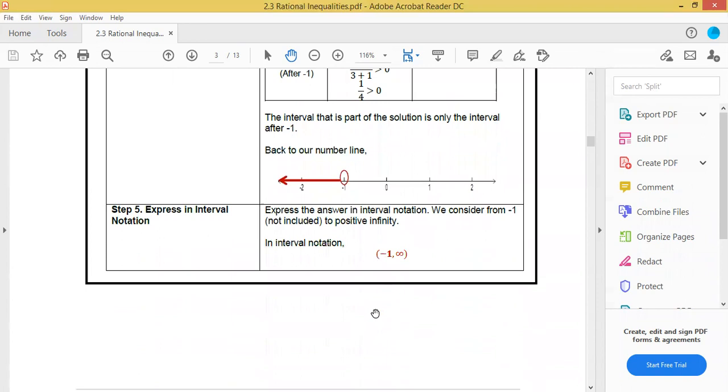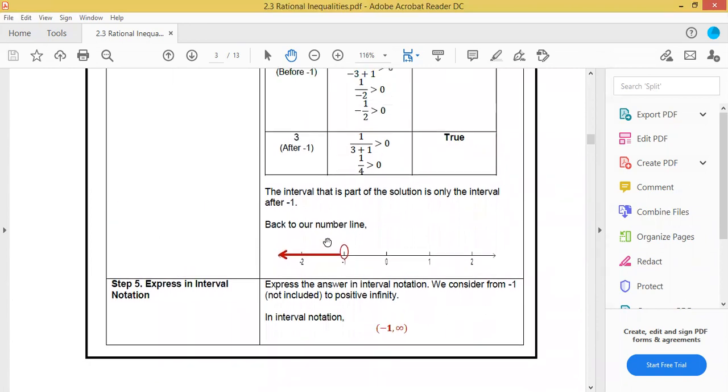So we go back to our number line. I'm sorry, this is a wrong shading. The shade must be from negative 1 up. Let me mark that one. From negative 1 up, since the true value is for this one.